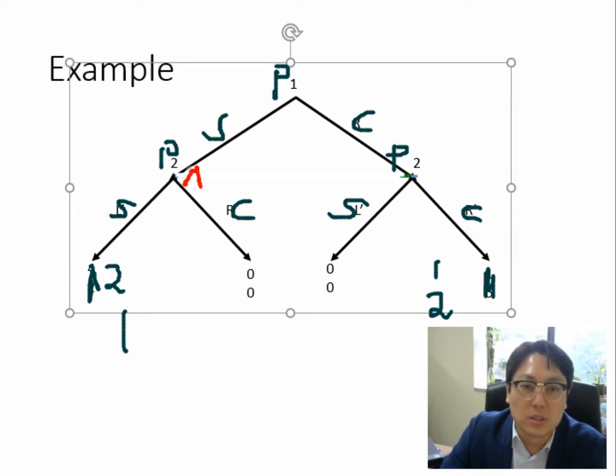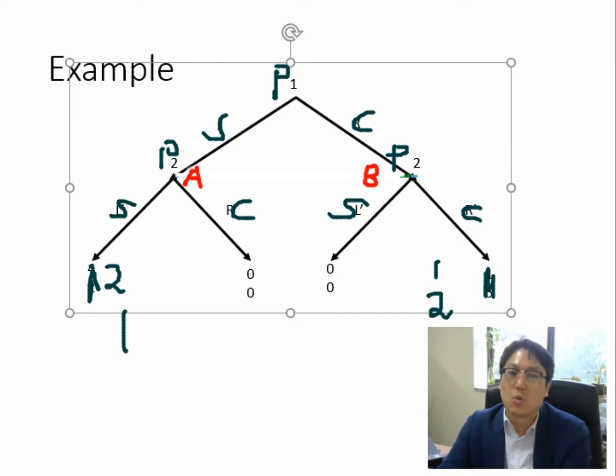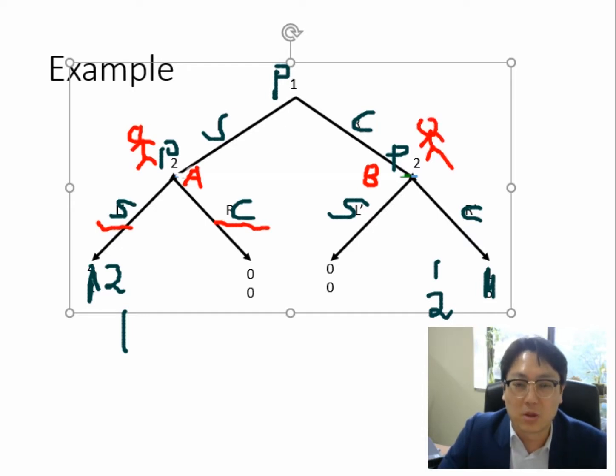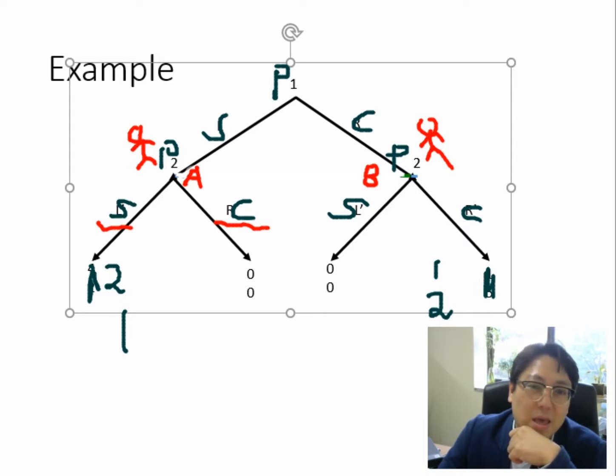I will call this node A, and this one is B. When the second player tries to choose an action between Starbucks and Coffee Bean, it's like A and B are different.